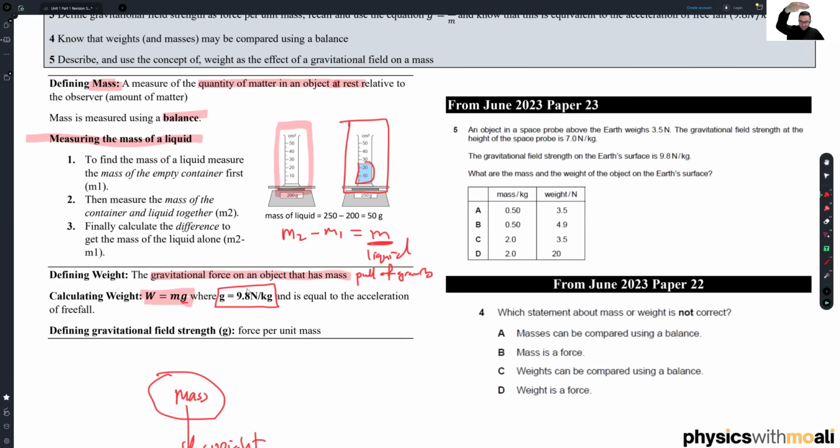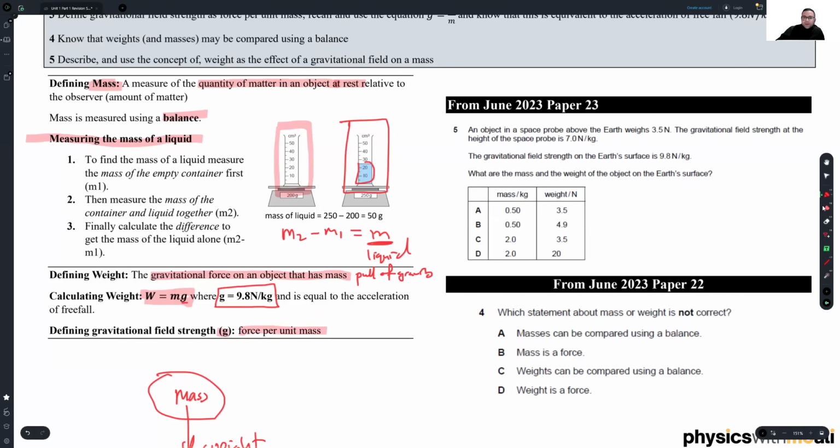In the beginning of an exam, on the front page, you will find a statement saying, take the weight of 1 kilogram to be 9.8 newtons, in brackets 9.8 meters per second squared, because that's the acceleration of free fall by default on Earth. If we're on a different planet, the question has to give us the new value of g. g is defined as force per unit mass.